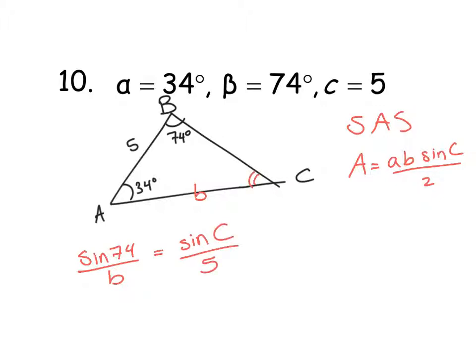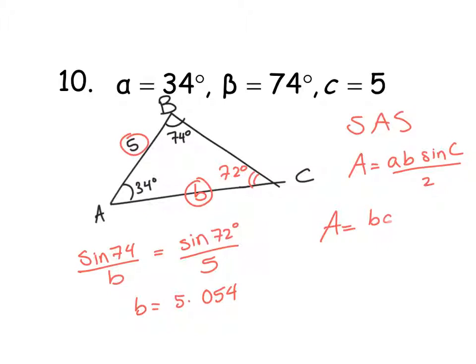C is something I can find, because 180 minus 74 minus 34 is going to give me 72 degrees. So now I know angle C is 72 degrees. So I cross multiply and find B, and I find it to be 5.054.